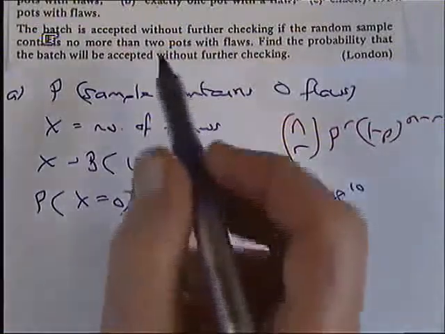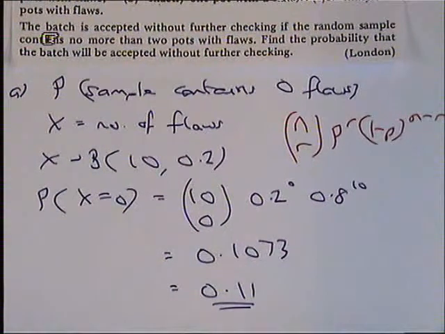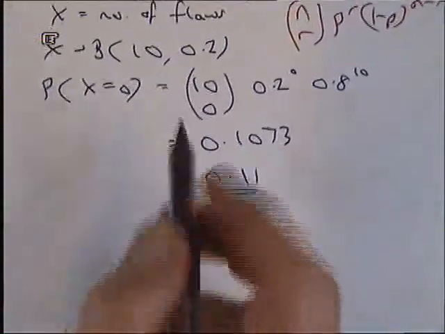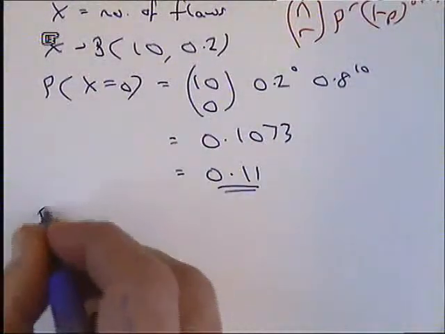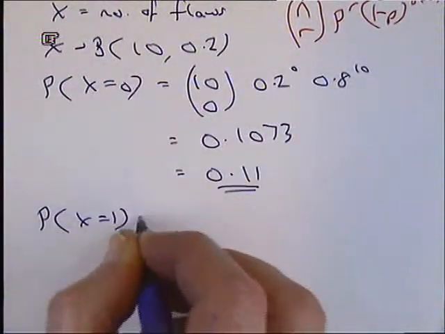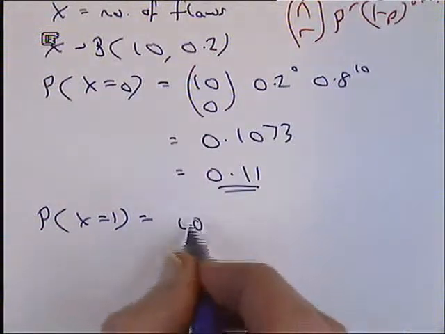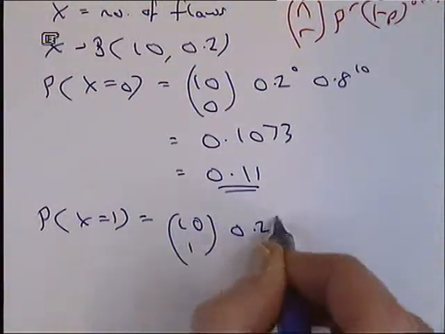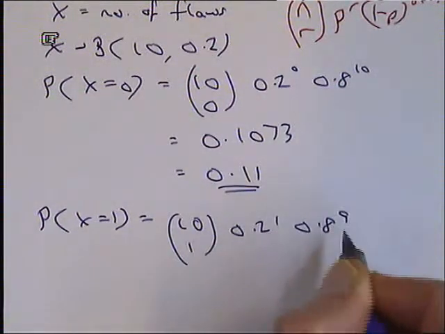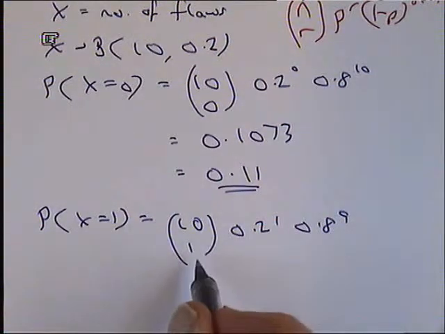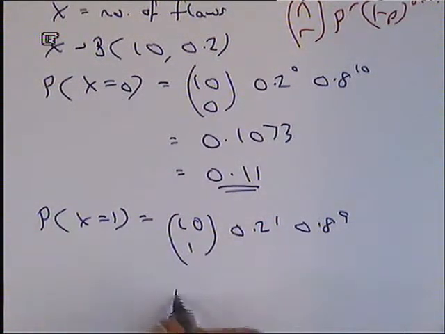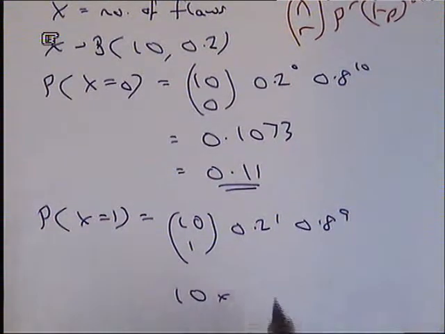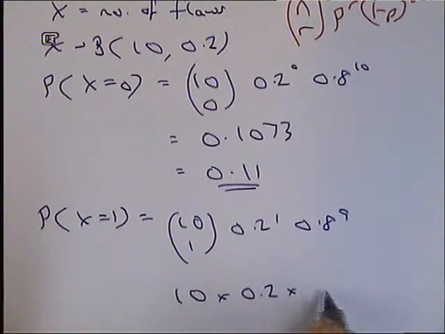Part B of the question was exactly one pot with a flaw. So we're still using binomial 10, 0.2, and now we want the probability X is equal to 1. That'll be 10 choose 1, 0.2 to the 1, 0.8 to the 9. Anything choose 1 is the number at the top. 0.2 to the power of 1 is 0.2.